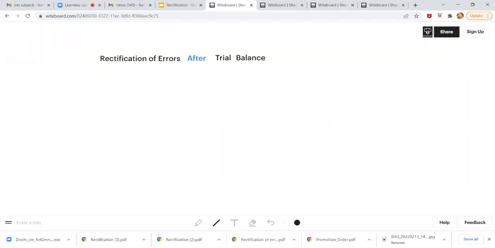Which we will discuss in the upcoming classes, in which we will prepare trading account, profit and loss account, balance sheet, in which we will come to know about the profit and loss of the company. So here we have rectification of errors after the preparation of trial balance.